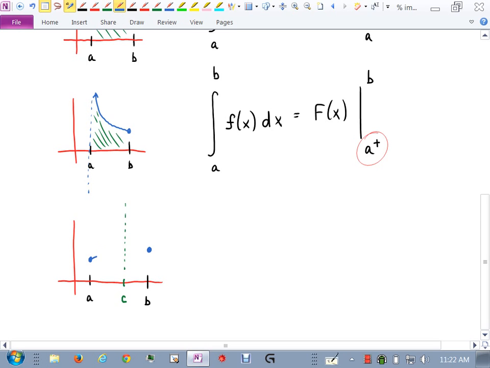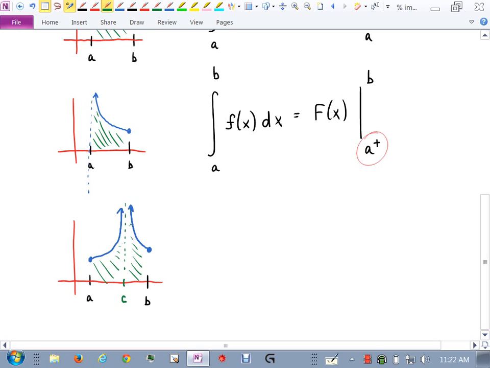Then that means our graph's going to come in, to the left of it do this, and then to the right it's going to do this, and then we have area underneath on the left side and area underneath on the right side. How do you think we're going to handle this?